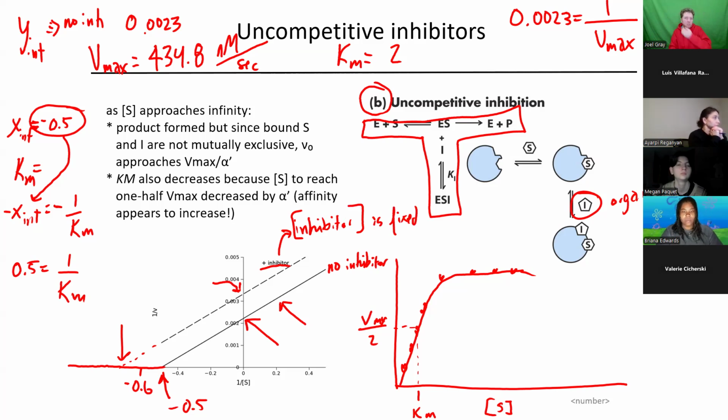So what that means is you would say, okay, well, I'm going to add 2 nanomolar of an inhibitor. Do I know if that inhibitor is going to have any sort of impact? I don't. That's why you would do it at 2 and 4 and 6 and 8. And you would keep titrating it.